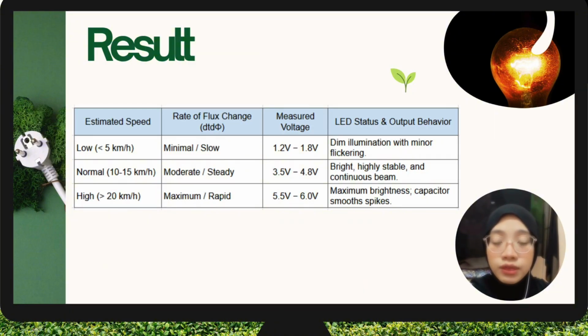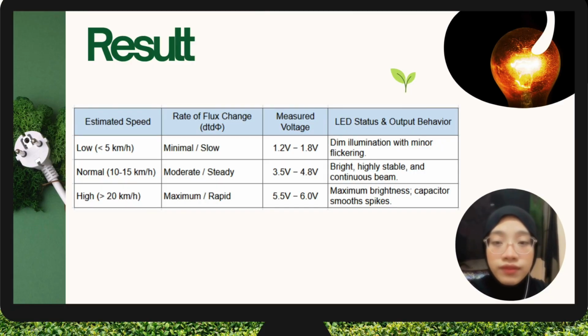Finally, at a high speed of over 20 km per hour, we achieve maximum and rapid flux change. This generates a peak voltage of 5.5 to 6 volts. At this level, the LEDs have reached maximum brightness, and our integrated conditioning circuit and capacitor successfully step in to smooth out any erratic voltage spikes, protecting the components from overloading.